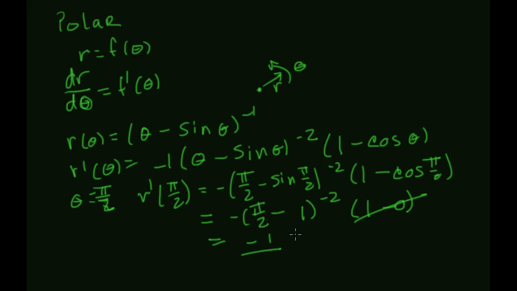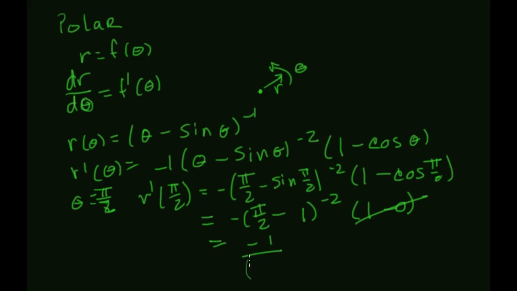So that's going to be -1 over pi minus 2 over 2 squared.